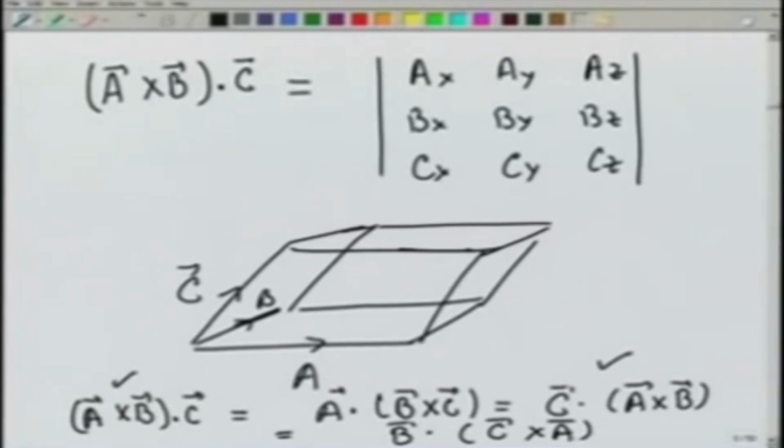This is cyclically the dot product and cross product go like this. So, this is a general review of vectors that we have done.